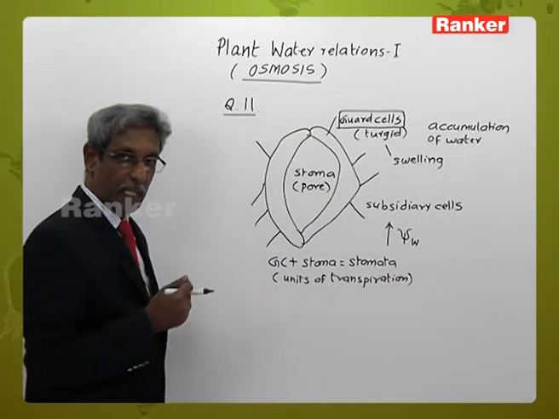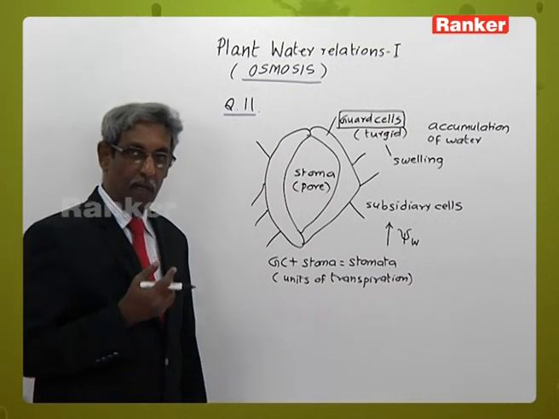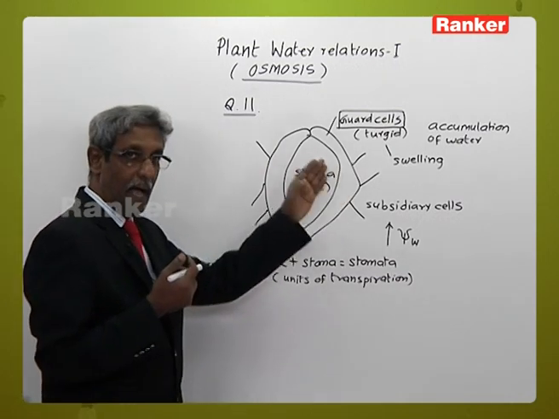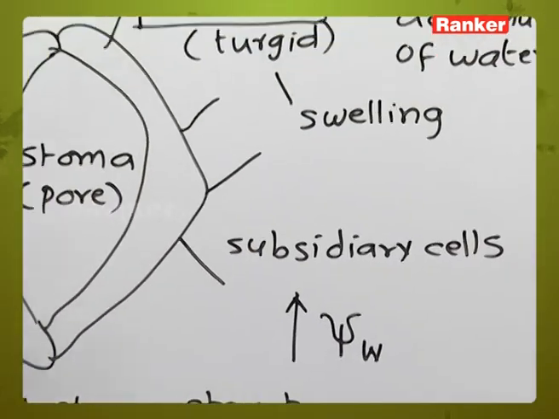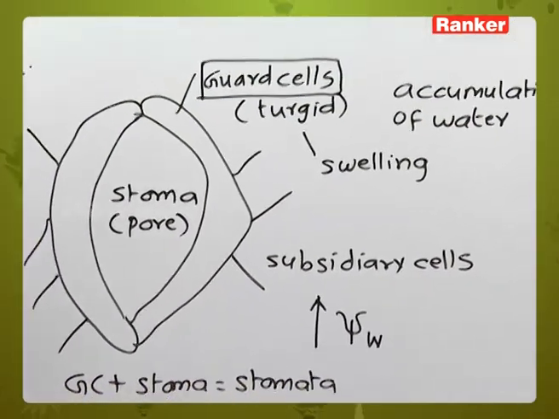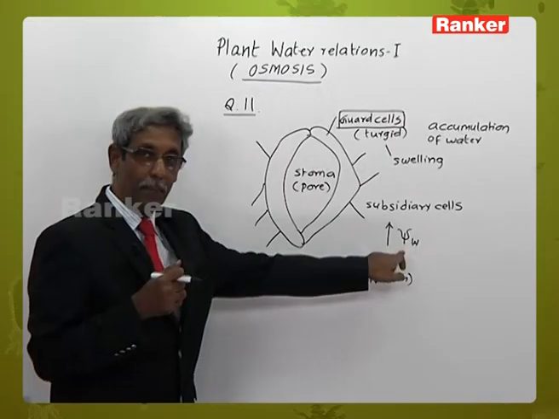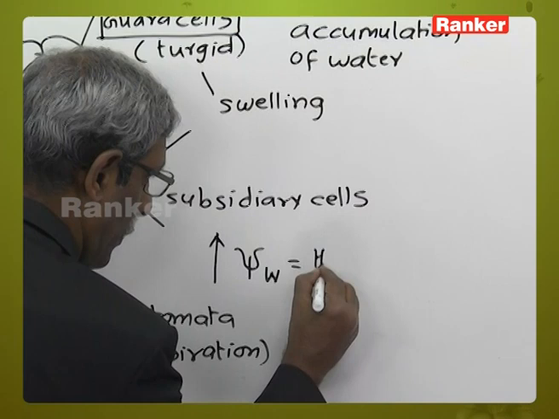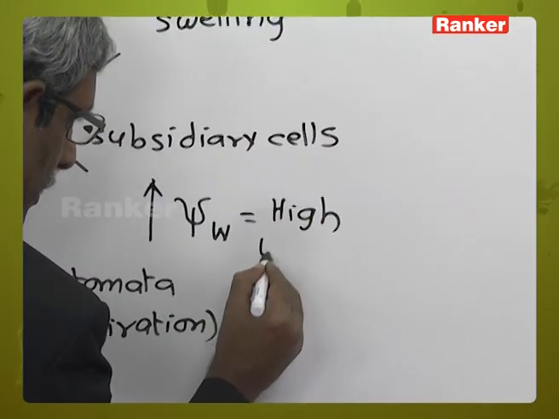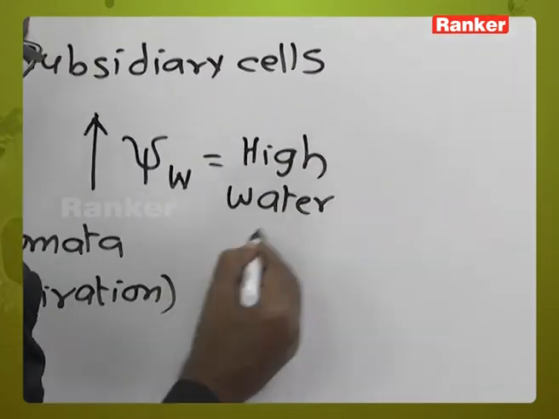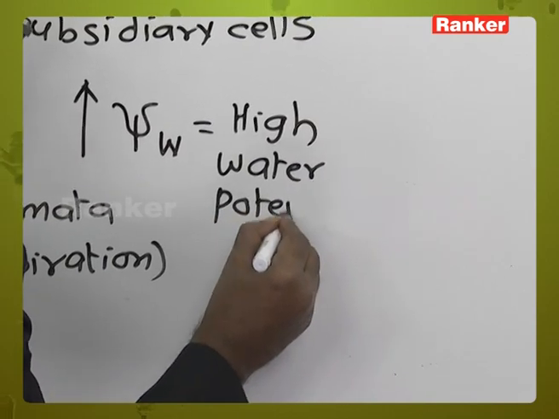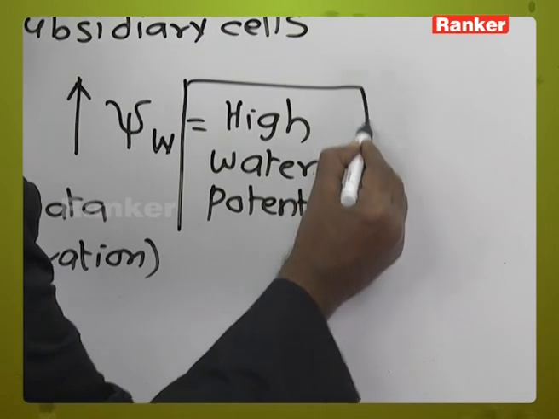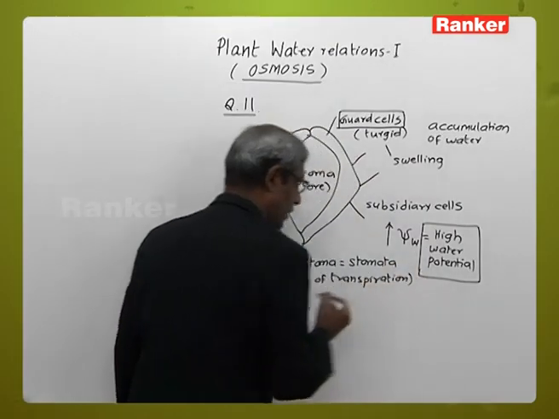When the water potential, that is the amount of free energy which the water needs in order to get transported between the guard cells and the subsidiary cells, whereby there is increase in turgidity and the stoma can open, is attributed to the water potential. So, initially a high water potential means more free energy is required for the transport of water.